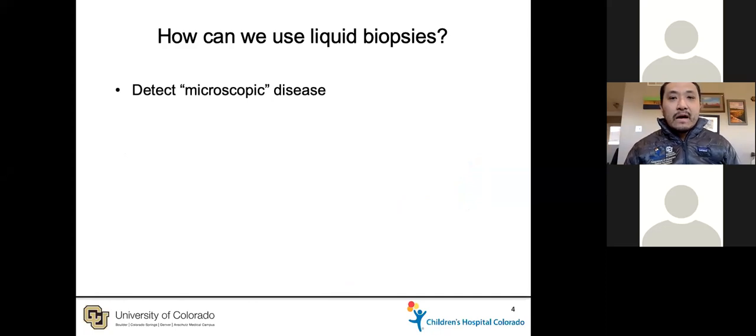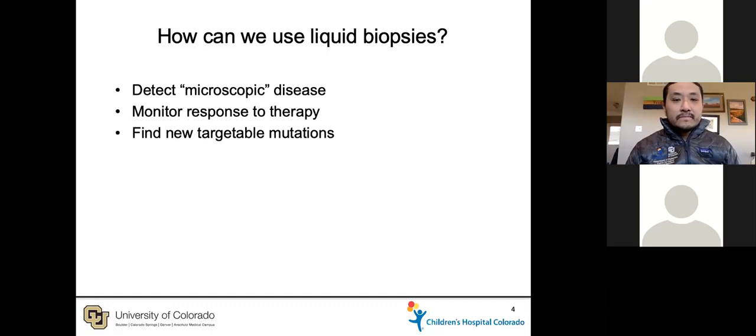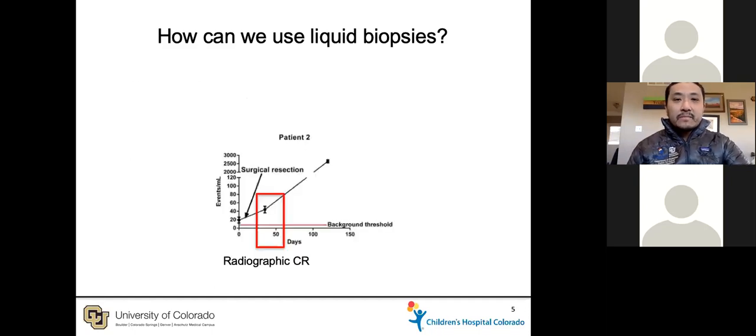So how can we use these? You can detect microscopic disease, you can monitor response to therapy, you can find new targetable mutations, and you can discover new basic biology. There's a lot of things that you could do from blood-based biomarkers.